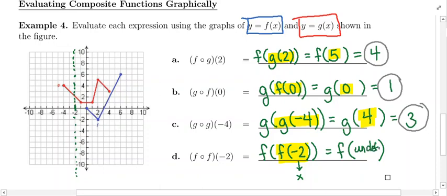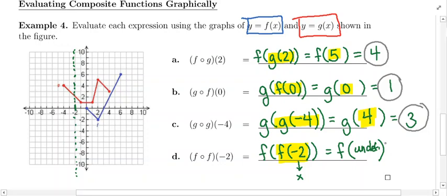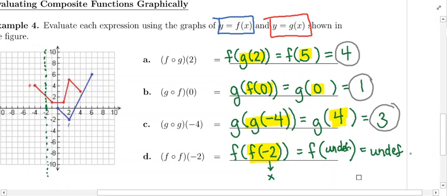So you're stuck, because what's in yellow here, the innermost part of the parentheses, is undefined. At x equals negative 2, f does not have an output. The whole thing is undefined, and there's nothing else that we can do here. Final answer. This is how you evaluate composite functions graphically.